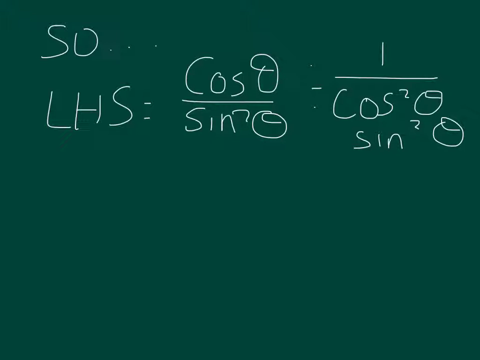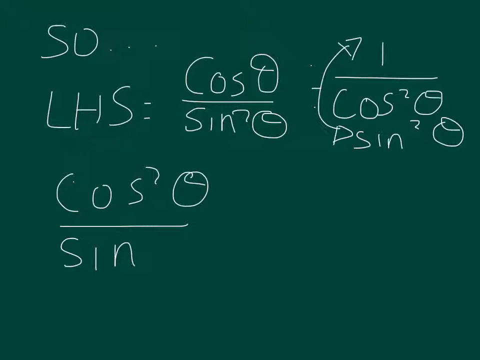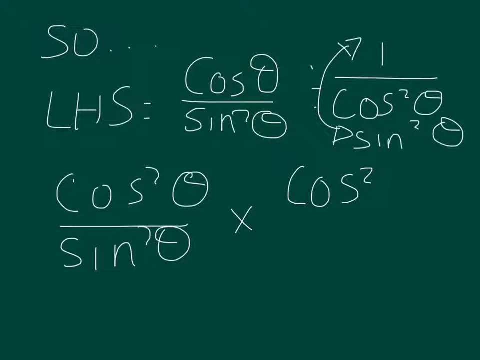And then you can flip the second one and multiply it. So you get cos squared theta sine squared theta times cos theta over sine squared theta.